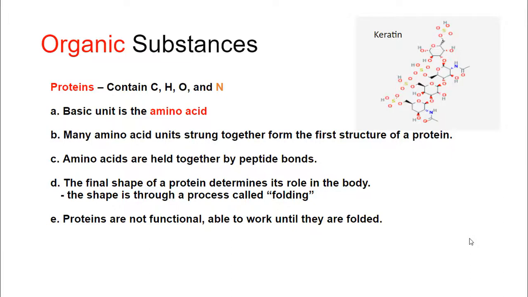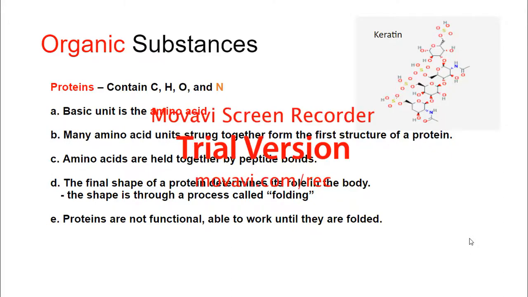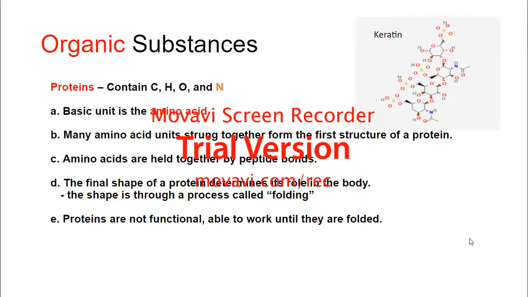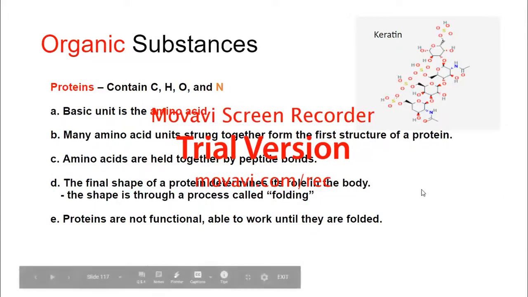And then also understand proteins are sensitive to heat, and acids or bases. So pH and heat, if it's too acidic or too basic, can denature proteins. And if they're denatured, they're not going to function properly. So temperature and pH play a very important role in making sure proteins don't get denatured. You don't want them too acidic, too basic, too hot, or too cold, okay?